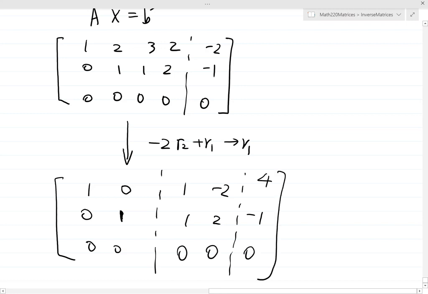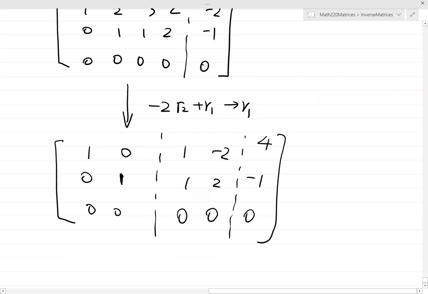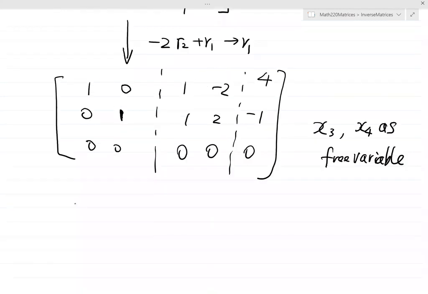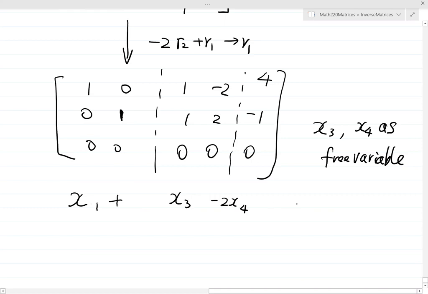Okay, so in this case, we choose x3 and x4 as free variables. Then you see the first row says x1 plus 0 x2 plus x3 minus 2x4 is 4.